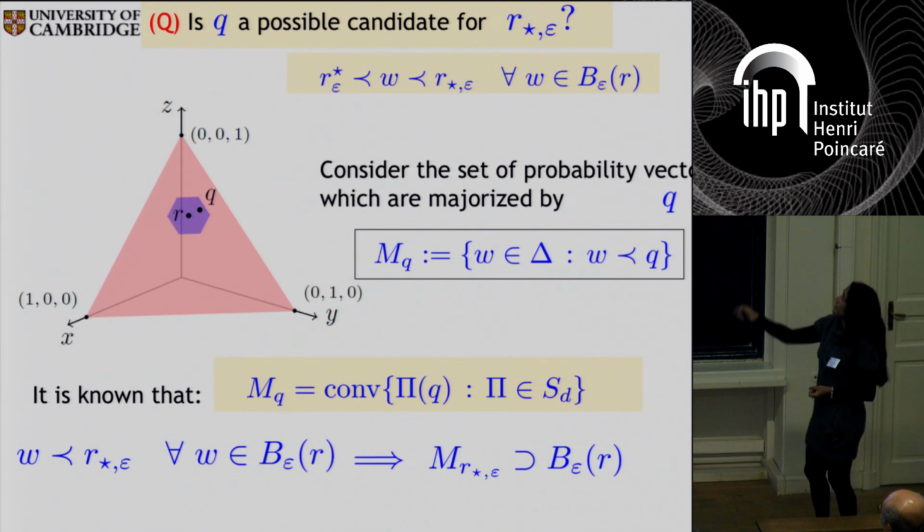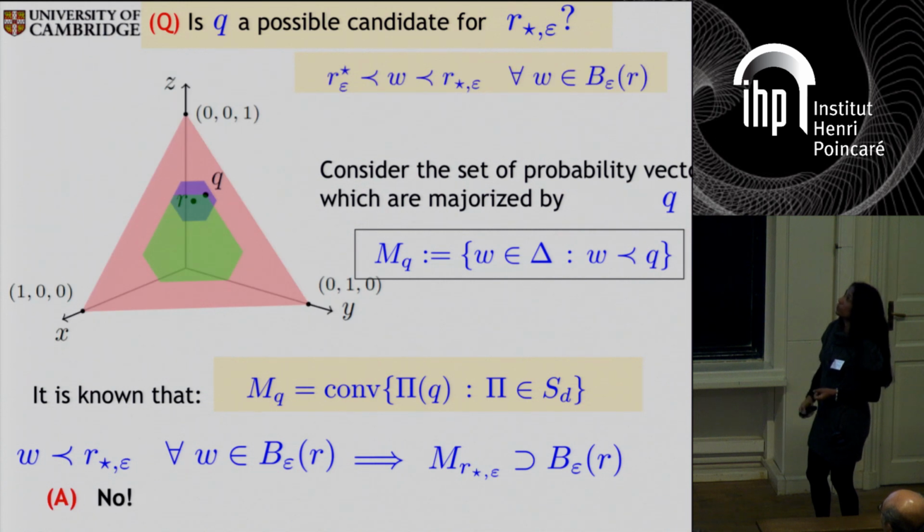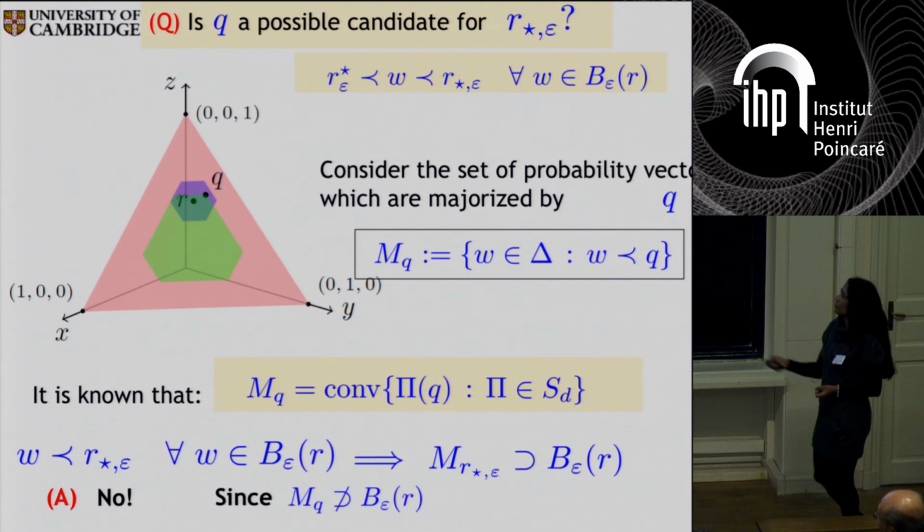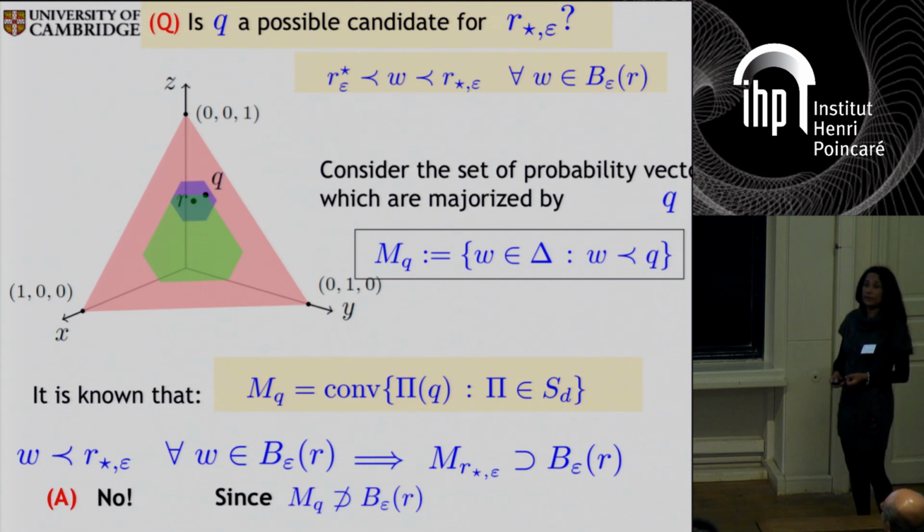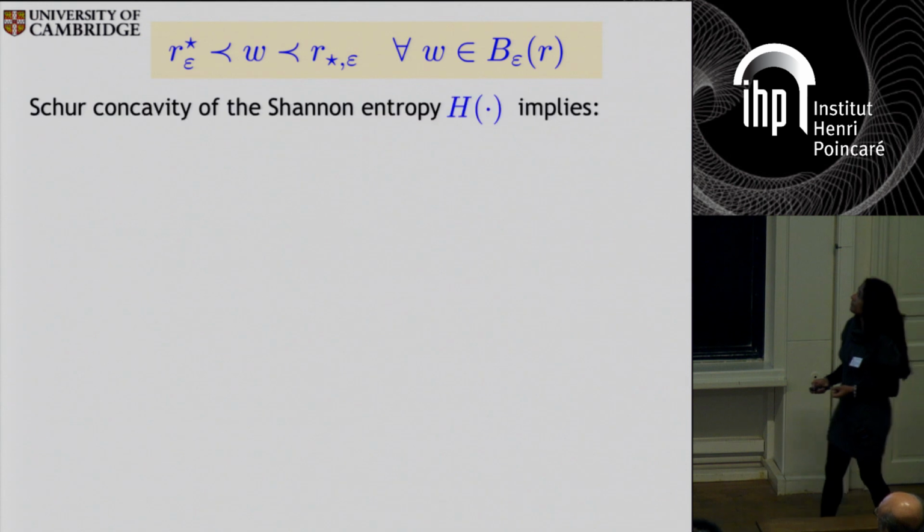And now we are in a situation to immediately answer this question. The answer is no, because if you consider the convex hull of it, it's given by this green figure, and you see it does not include that part of the ball. So this is not a good candidate. M of Q does not contain the entire B epsilon R.